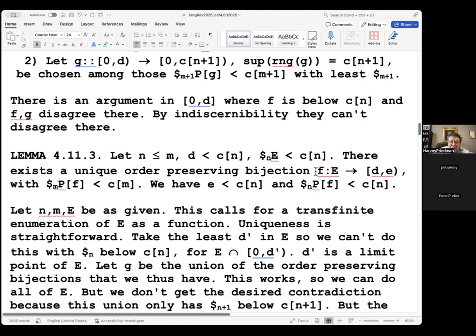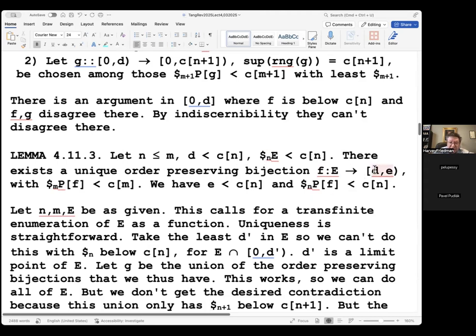So that's why we need this thing. If you have any set that's constructed before level n, so to speak, level Cn, then there's a unique order preserving bijection onto an interval D_E. Remember, we want to set it up so you start with any place you want below Cn.